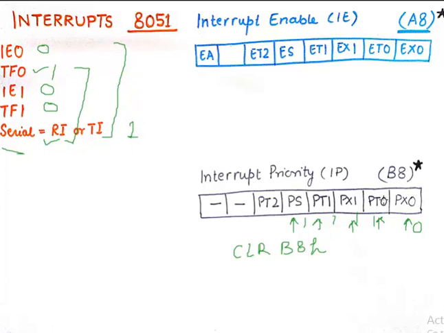So making 0 here and 1 here, only these two interrupts are left at the top of the priority table, and the rest of them will slide to the bottom. So that is how you can change the priority or fiddle around with the priority.